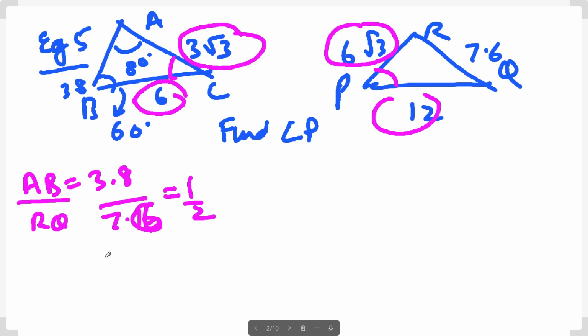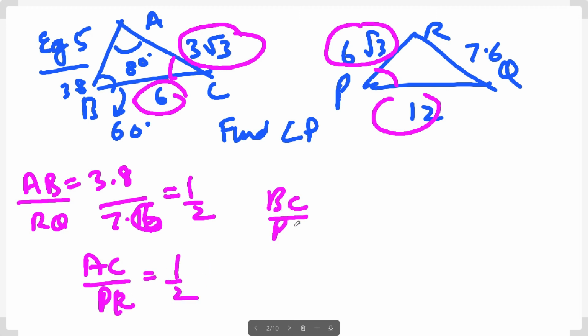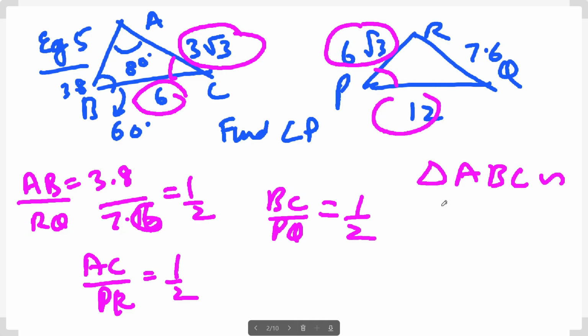Example 6 actually. AC divided by PR is 1/2. BC divided by PQ is 1/2. So triangle ABC, now we have to be very careful, is similar to, now what is AB? AB is QR. Now whether it's RQ or QR, we don't know. It can be either of them. So we'll reserve judgment. अभी QR लिख देते हैं, एक RQ भी हो सकता है, पर कौन सा सही है अभी हम we'll find out.